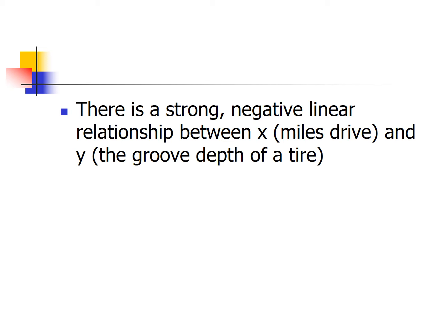I would say, well, the more miles that I drive, the smaller that groove depth is. That's an intuitive idea, isn't it? The more you drive on it, the more it wears away. We call that a bald tire when it's worn away completely.